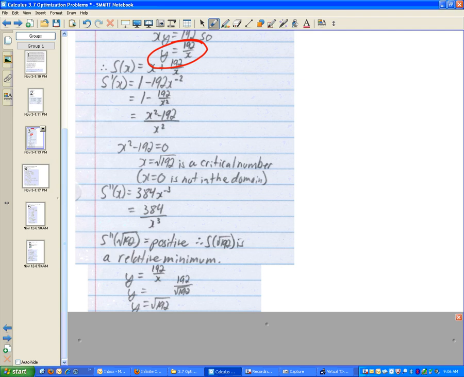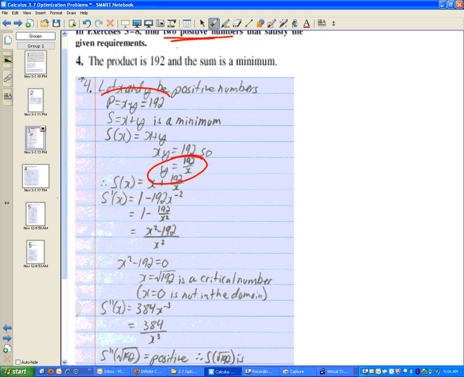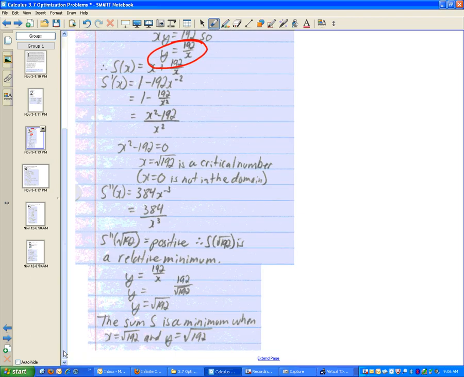So both numbers are the square root of 192. Yeah, it does because of that right there, doesn't it? So finish it off. Tell them the answer.